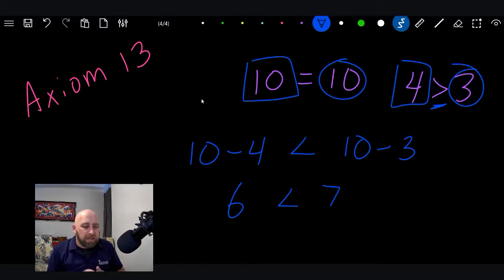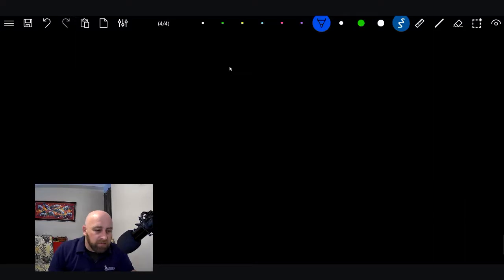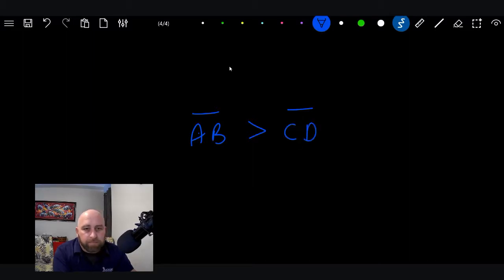Now, I'm showing you with numbers because a lot of times in geometry you get stuff like this. You get line segment AB is greater than line segment CD. And then it says, what if we add line segment EF?